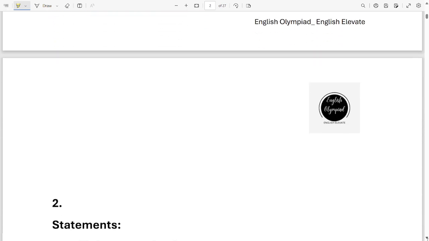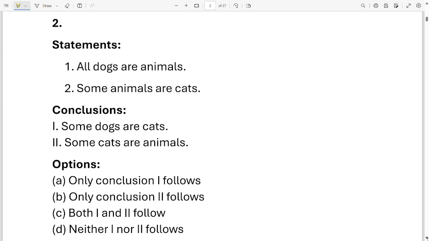Okay, next one. Your statement is all dogs are animals. Next statement is some animals are cats. And the conclusions are some dogs are cats, some cats are animals. Now, you have read the statements, you have read the conclusions, and these are your options: only conclusion 1 follows, only conclusion 2 follows, both 1 and 2 follow, neither 1 nor 2 follows.